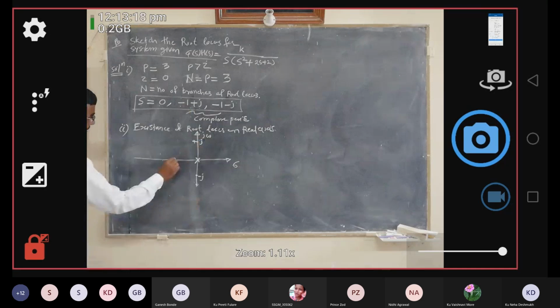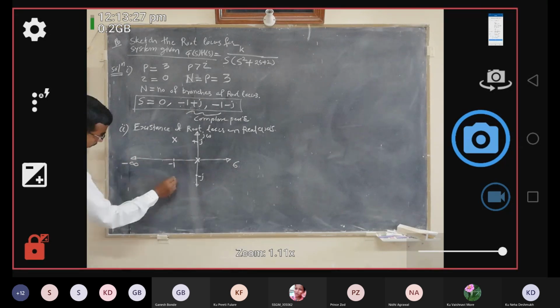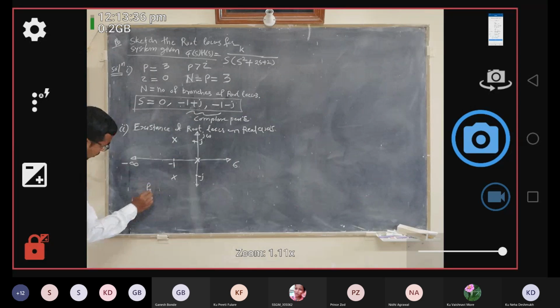This magnitude I can consider as -1. This could be minus infinity. So one pole is located here, another pole is located here. So this is my pole-zero plot representation. We just give a figure name to this also: figure for pole-zero plot.